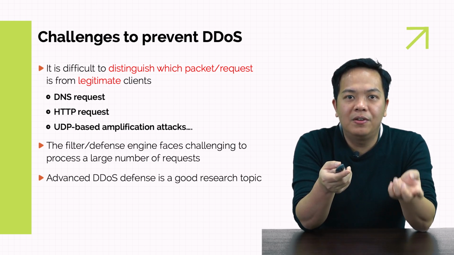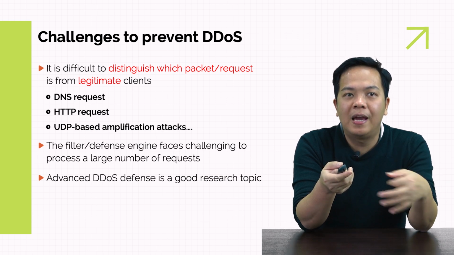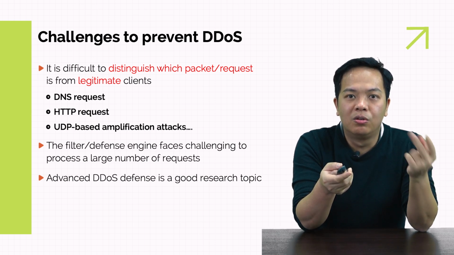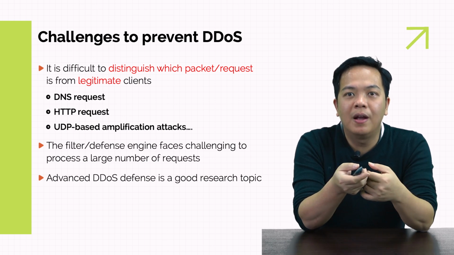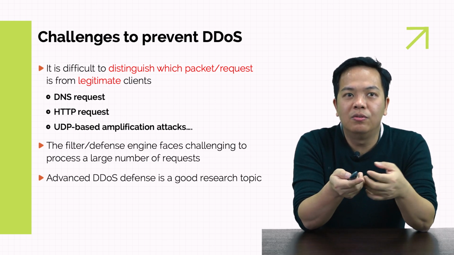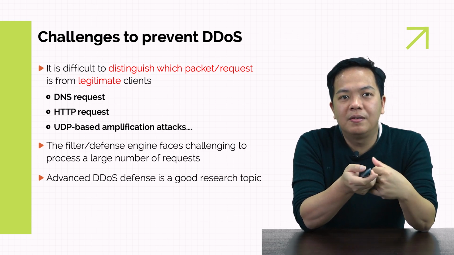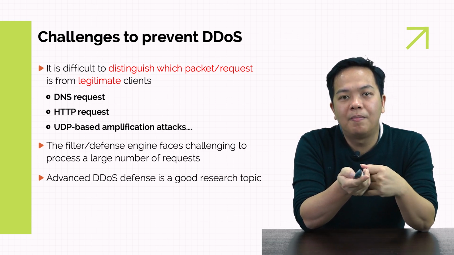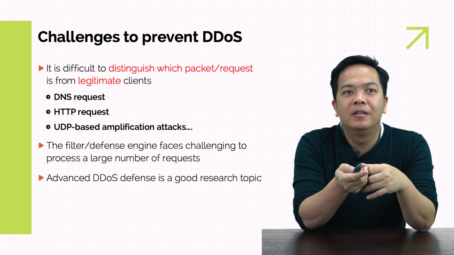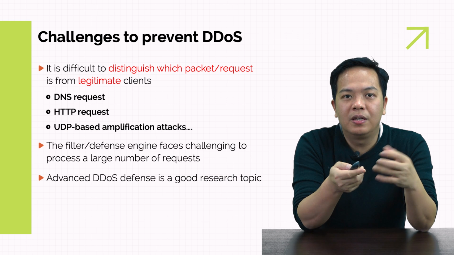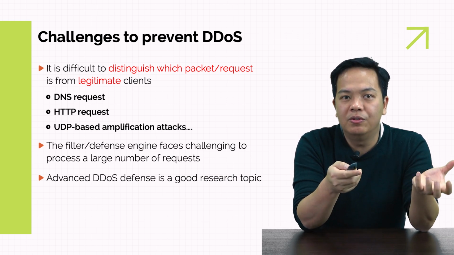How can the antivirus or the IDS or IPS system process data at 2.5 terabits per second at the same time? Impossible, right? It's very challenging to process every piece of traffic. Yeah. So advanced denial of service defense is still a very good topic. So I hope if you are a white hat hacker or a security defense expert, maybe this is a topic for you to do good research.